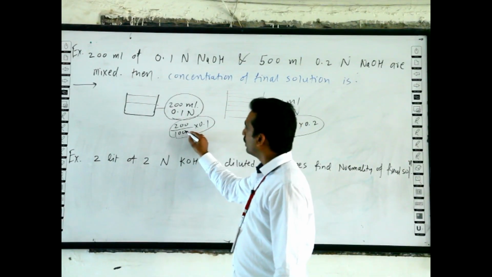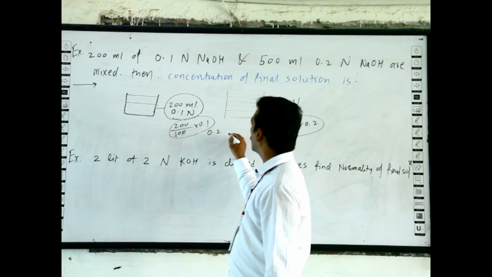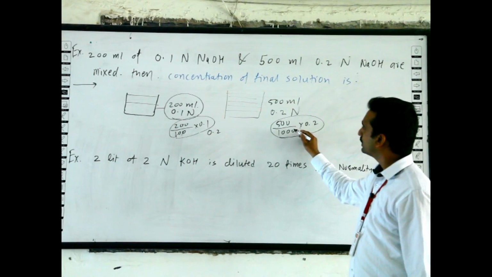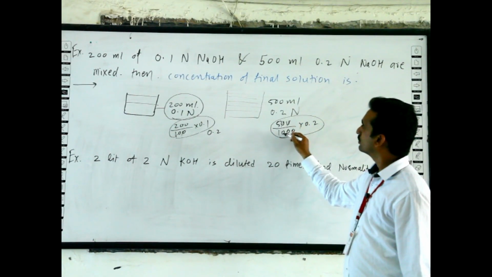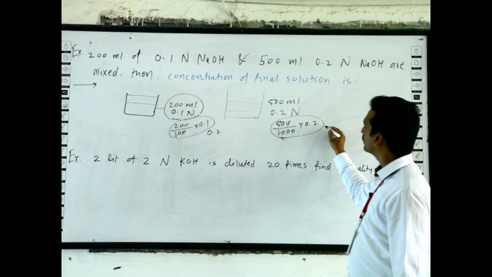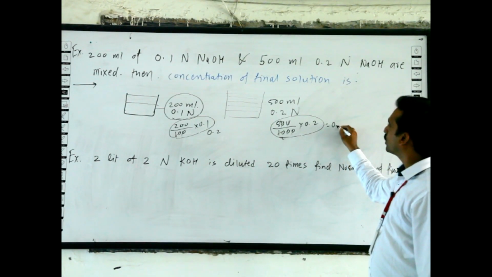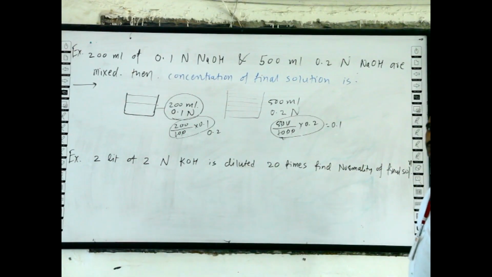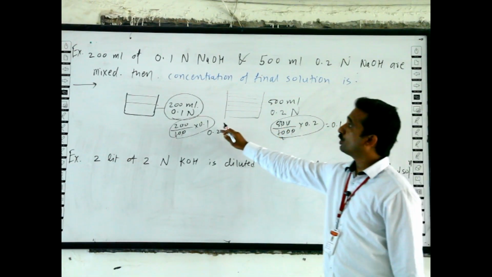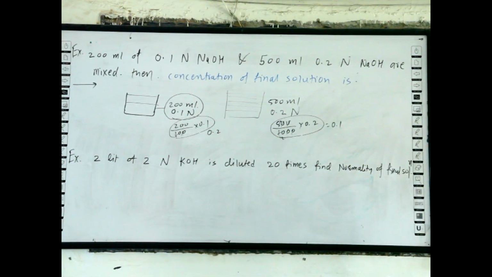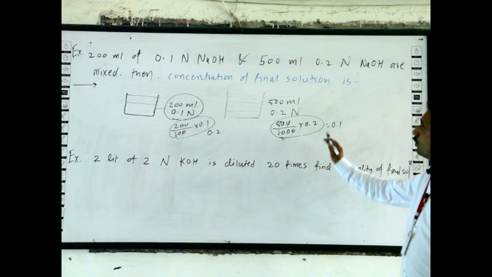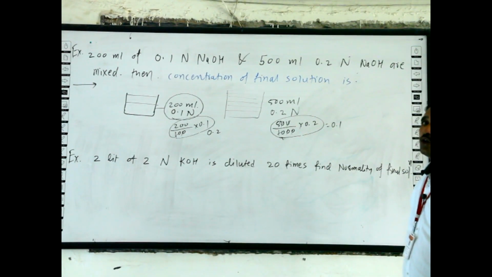Here 0.2 and here 0.1, and the total volume of the solution is 500 plus 200, that is 700.